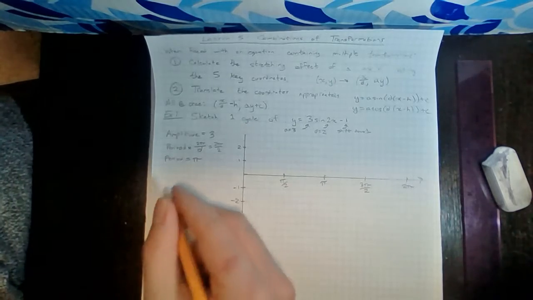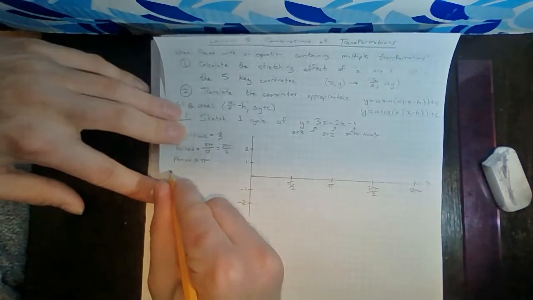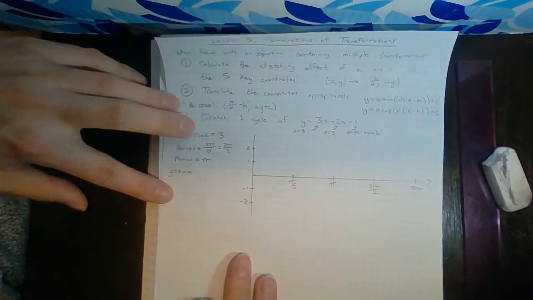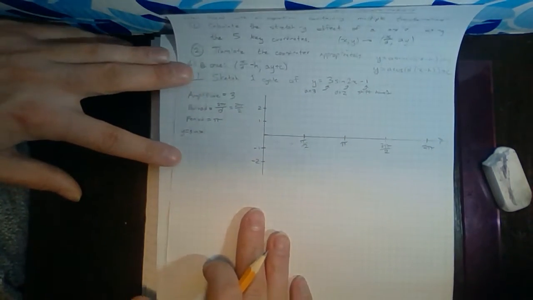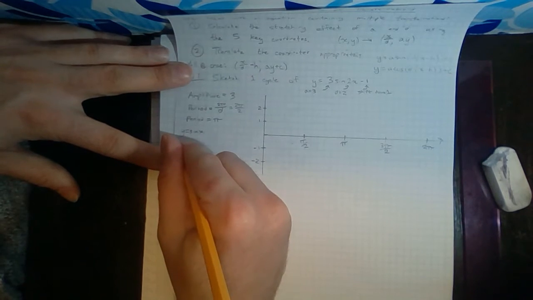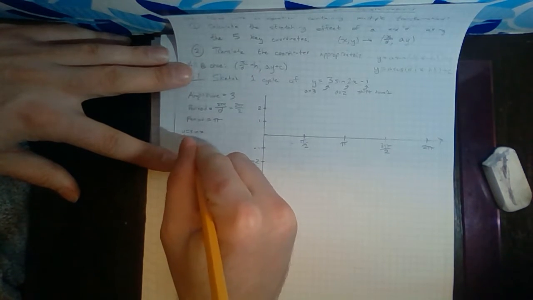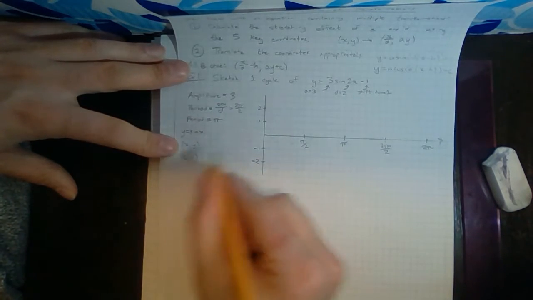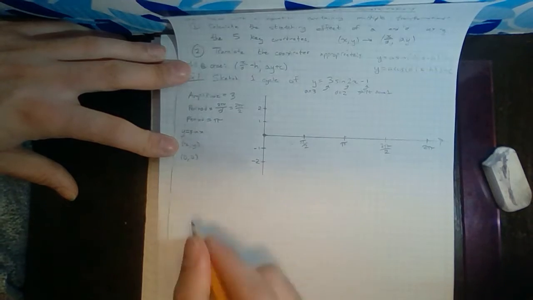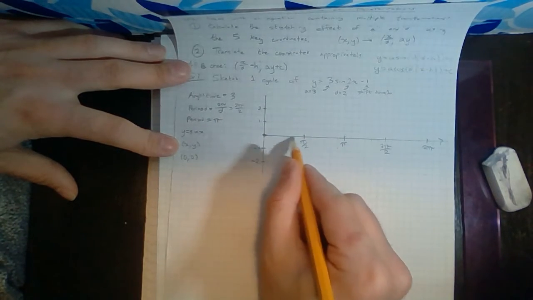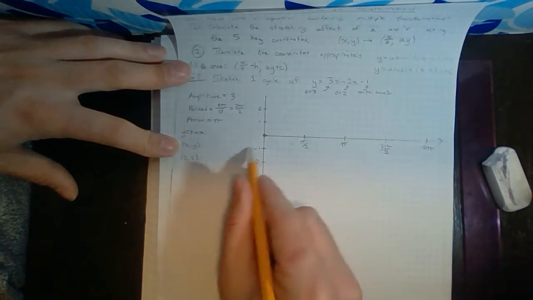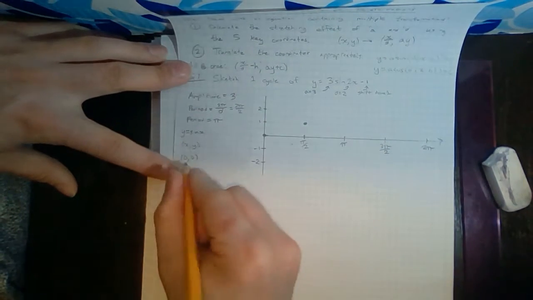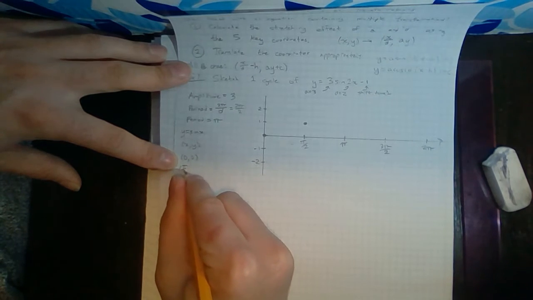Our standard sine of x function, we start off at the origin. So our x and y values, we're starting off at 0, 0. We increase a quarter of the way to our full period, so pi over 2. We're at our maximum, so pi over 2, 1.